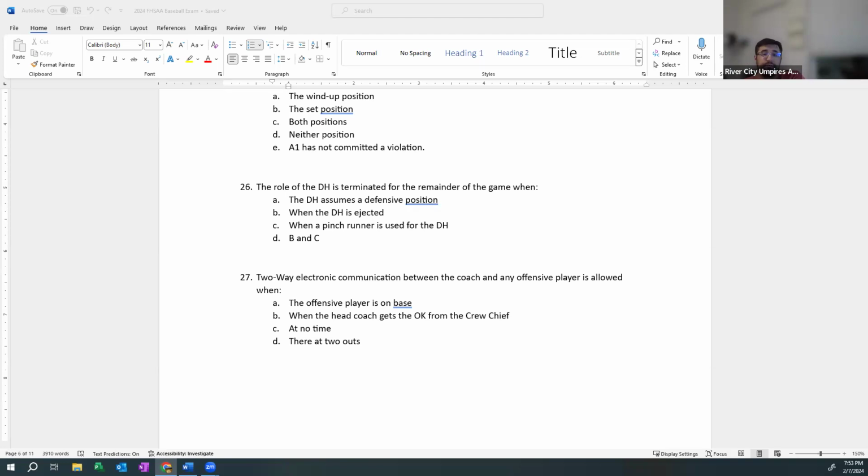You can substitute for that defensive player as many times as you'd like, pending they have eligibility. Would we agree with that statement? Yes. If you substitute for that player on offense, the role of the DH is terminated for the remainder of the game.